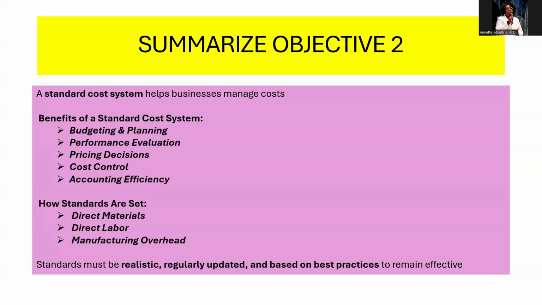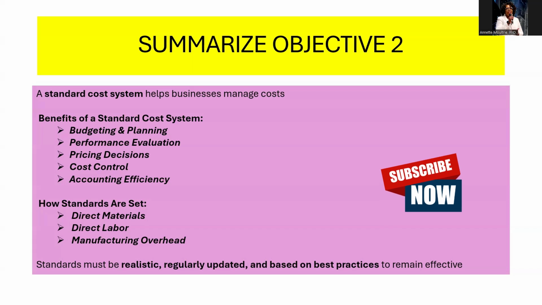So how are these standards set? 1, direct materials, based on purchase price, supplier agreements, and expected usage per unit. Then you have direct labor, determined by wage rates, benefits, and efficiency studies. For example, you have your time and motion analysis.